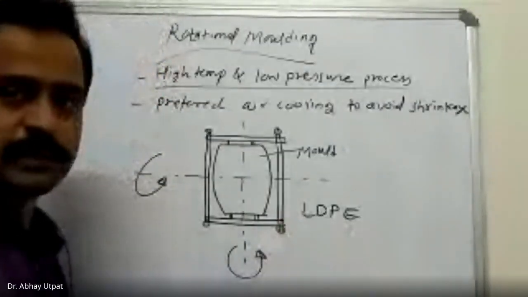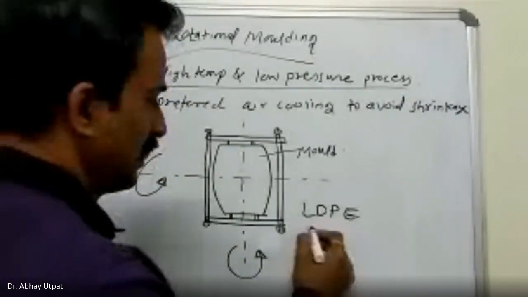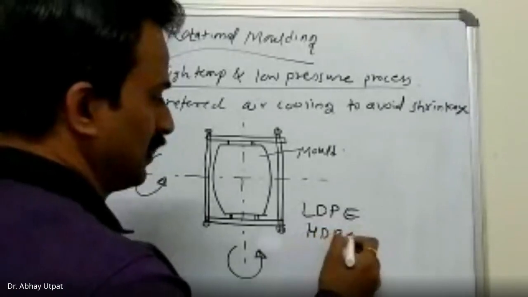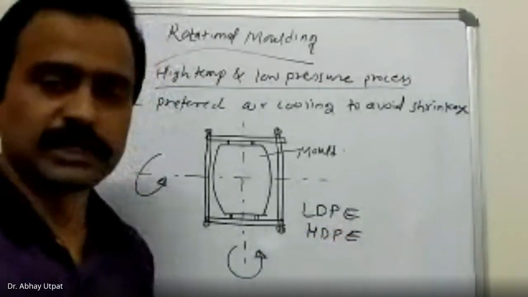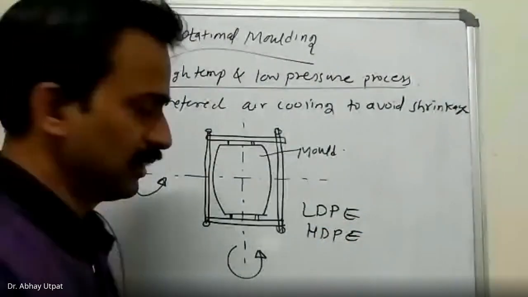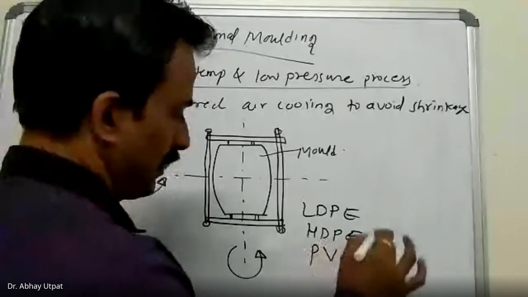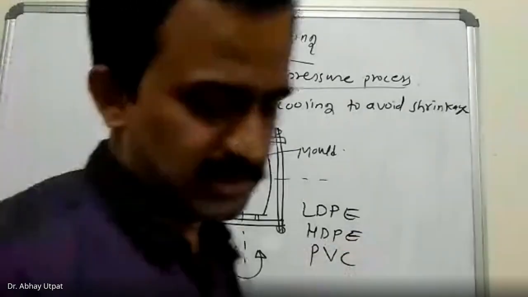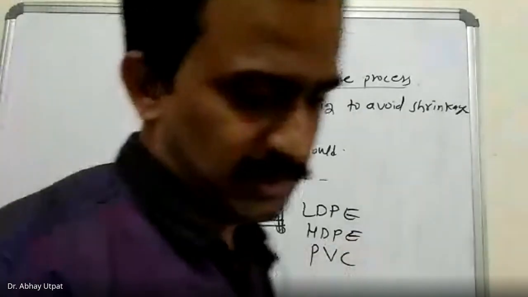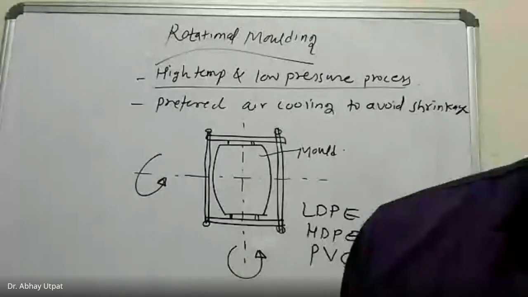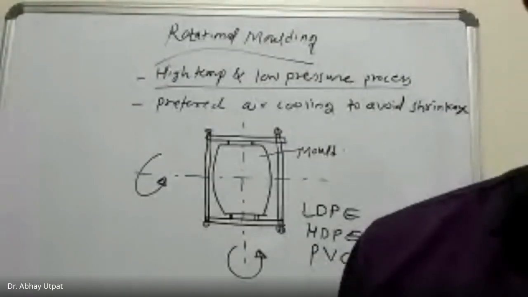Then high density polyethylene, HDPE. Then polyvinyl chloride, PVC. Then polypropylene, PP.